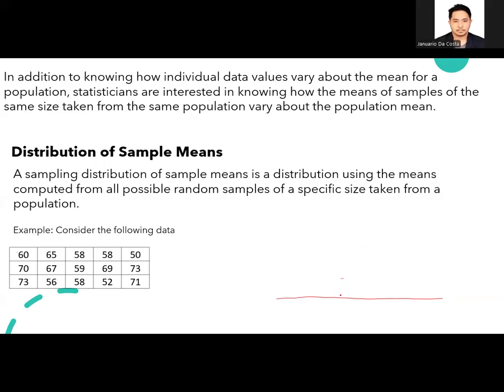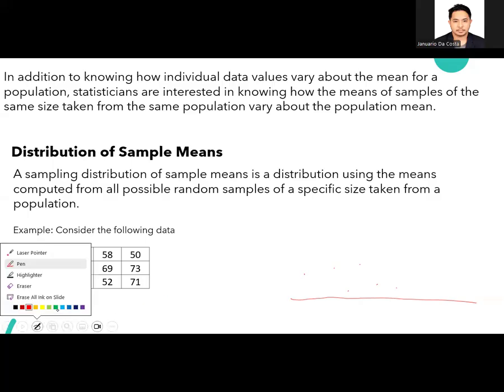So for example, this is your one data set, and then you have a second data set over here, a blue one.